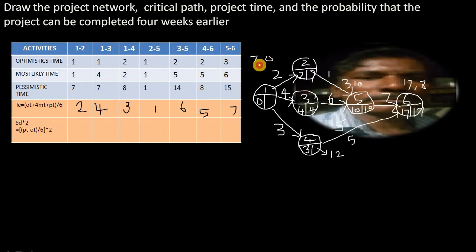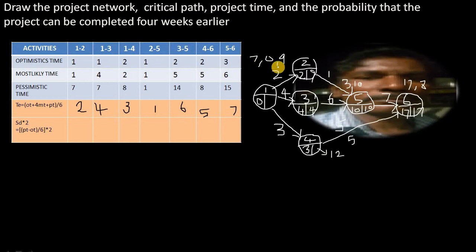If you come backward from the fourth event to the first event, here we will have 12, here we have 3. So 12 minus 3, you will have 9.